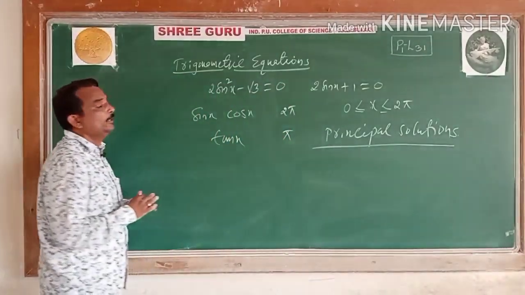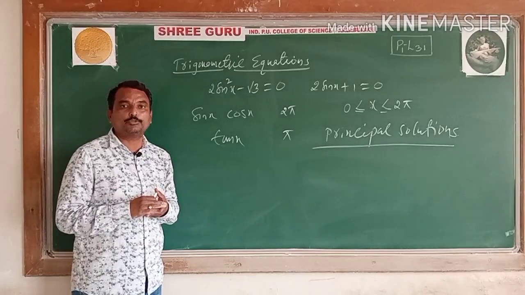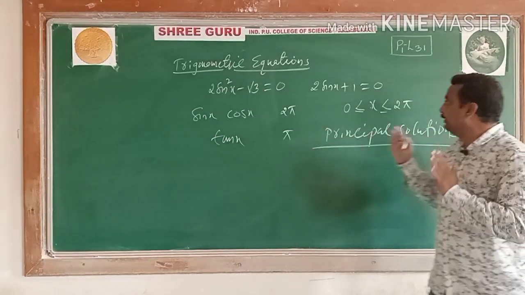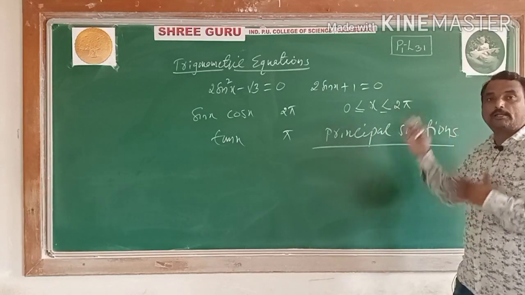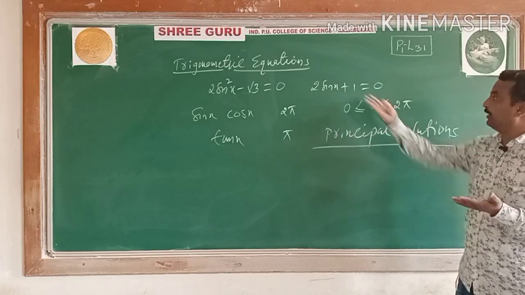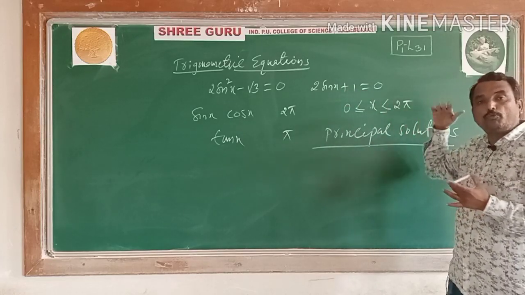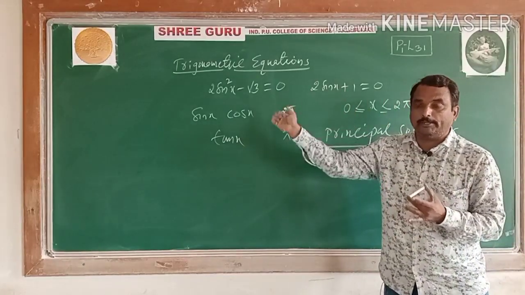Here we will calculate the principal solutions of some trigonometric equations. What do principal solutions mean? In the interval 0 to 2 pi. You know, after 2 pi the values of these trigonometric functions repeat: 0 to 2 pi, 2 pi to 4 pi, 4 pi to 6 pi, like that, 0 to minus 2 pi, minus 4 pi.